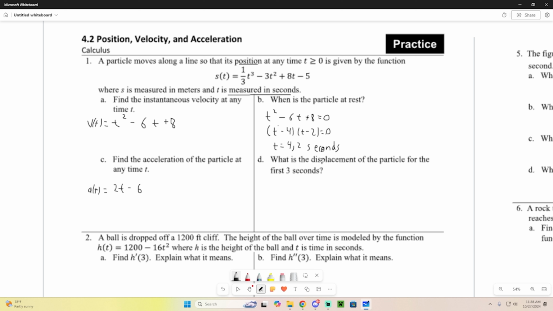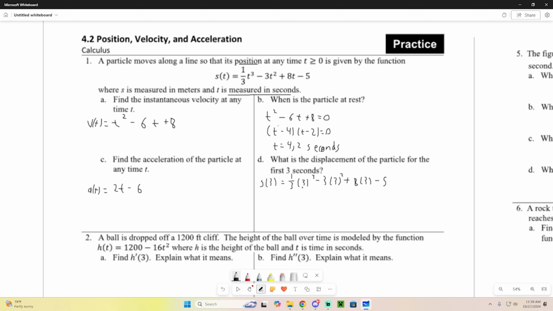So to find displacement, we're going to find the position of our particle when t is equal to 3 and the position of our particle when t is equal to 0. So let's start when t is equal to 3. We have s of 3 is 1/3 times t cubed minus 3 times t squared plus 8t minus 5, so we're going to plug in 3 for t. 3 cubed minus 3 times 3 squared plus 8 times 3 minus 5.